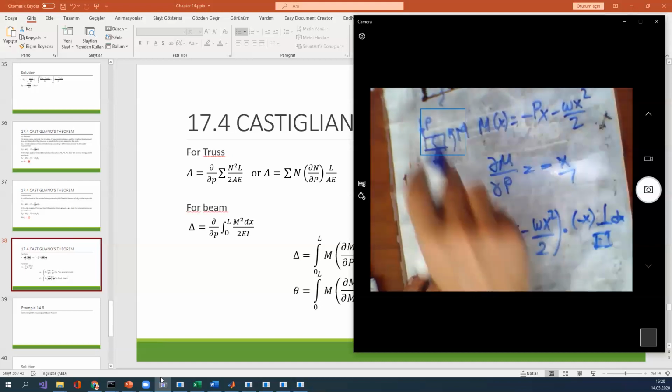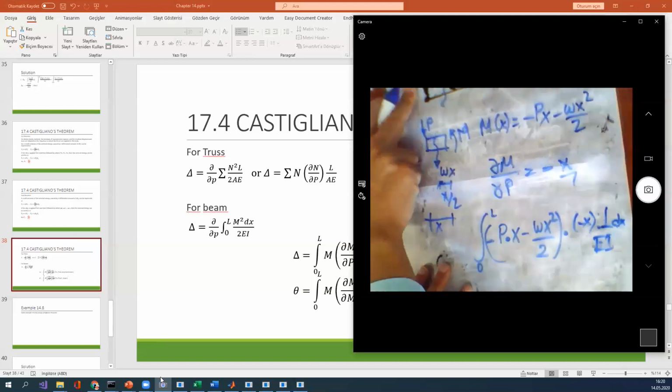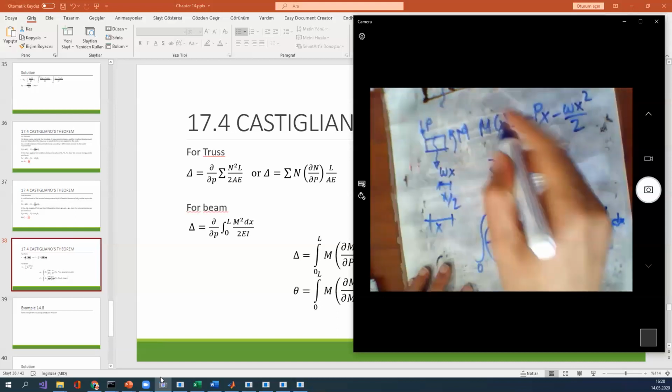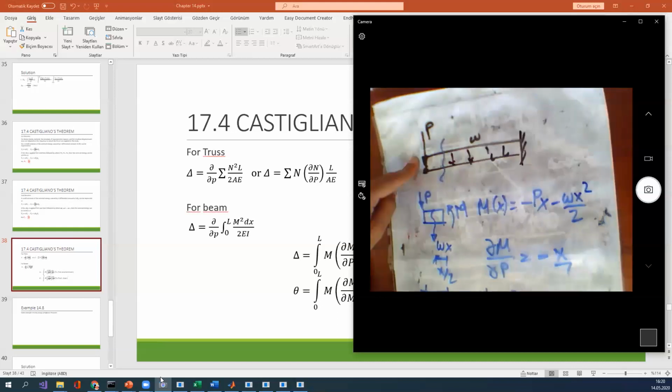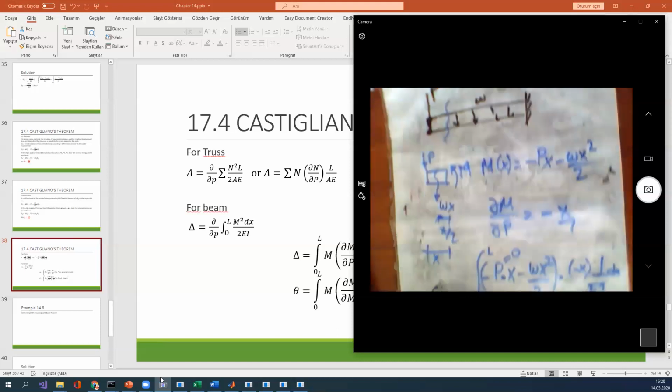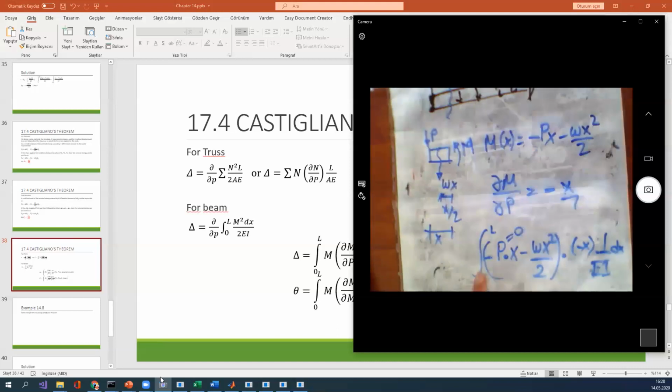I put the P load, but in actual fact, P is equal to 0. In reality there is no P load in here. Therefore, I write P is equal to 0.